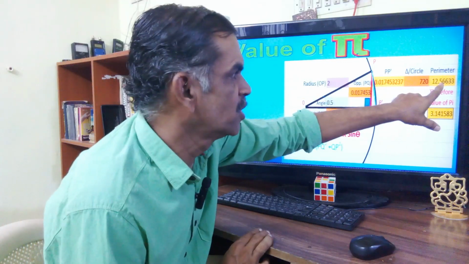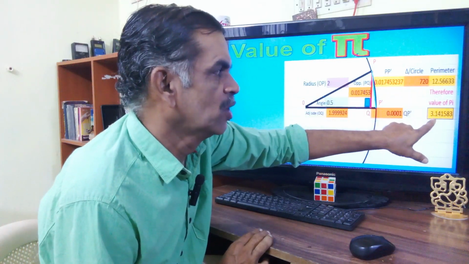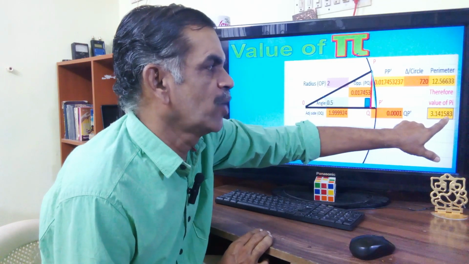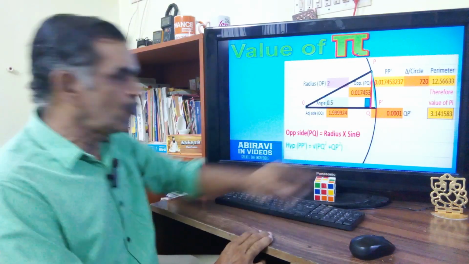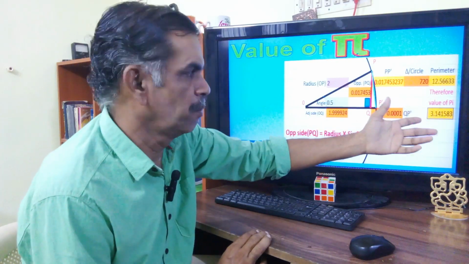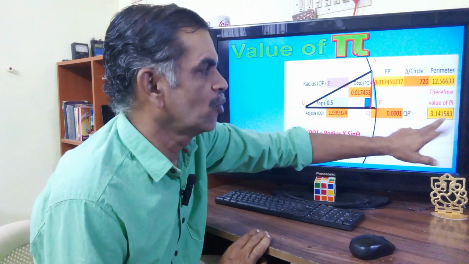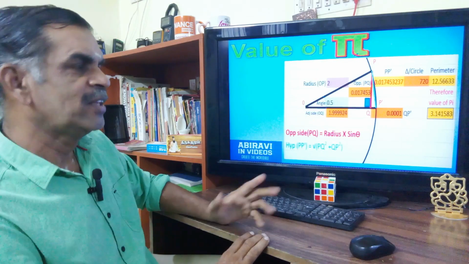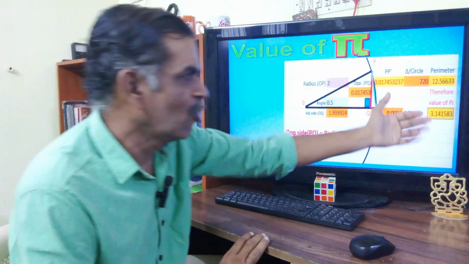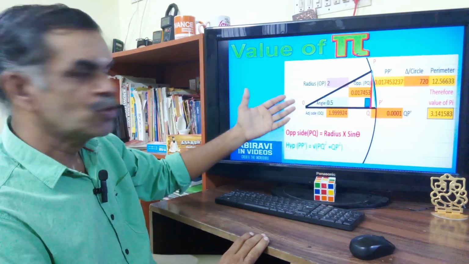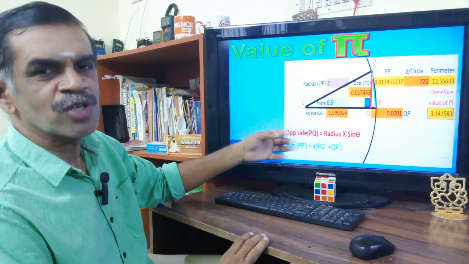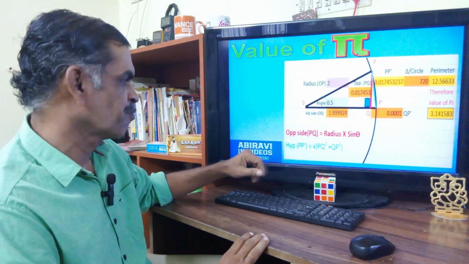So we will get the same 12.56 for the perimeter, and 3.14583. So 3.142, we can make it to 3 decimal places accuracy. Now we get the value of pi by using trigonometric ratios and Pythagoras theorem.